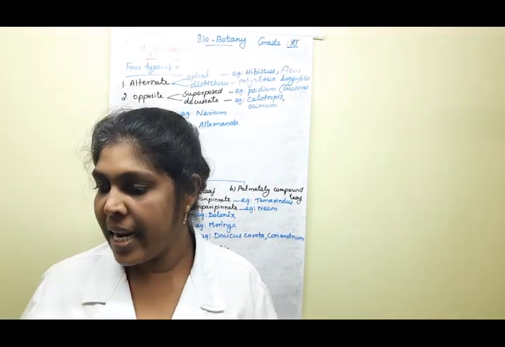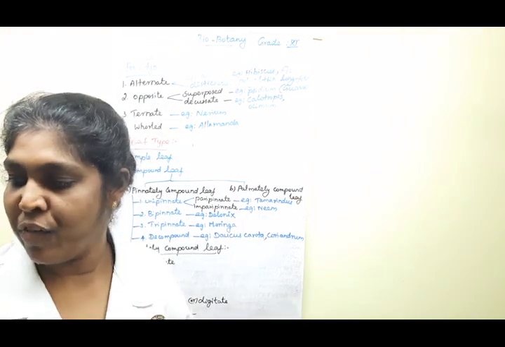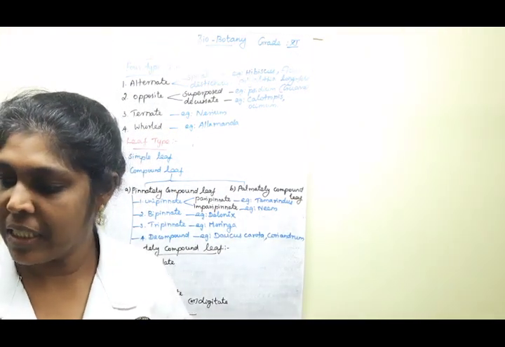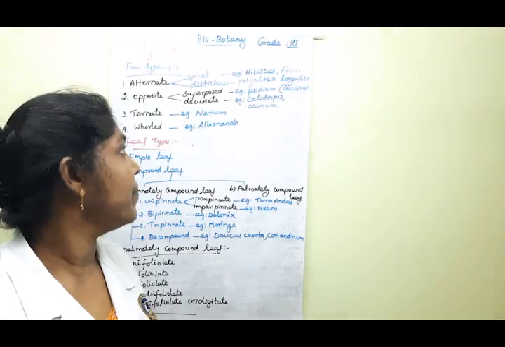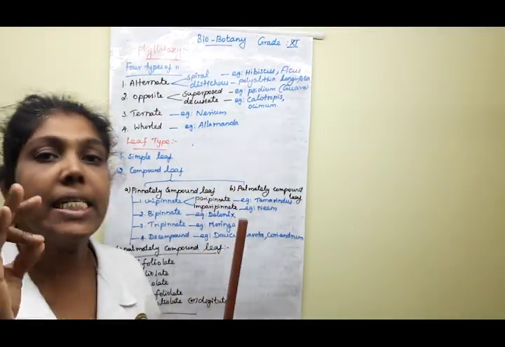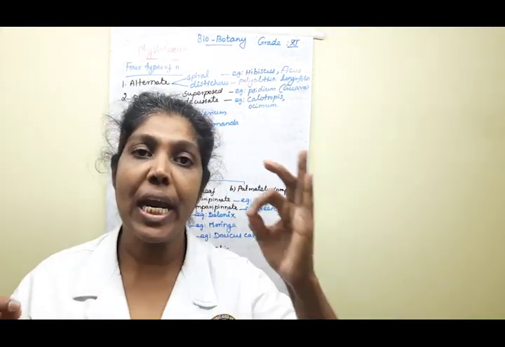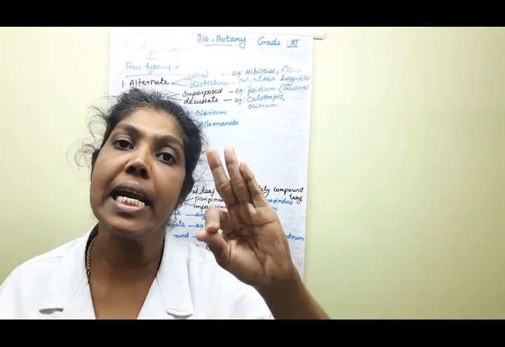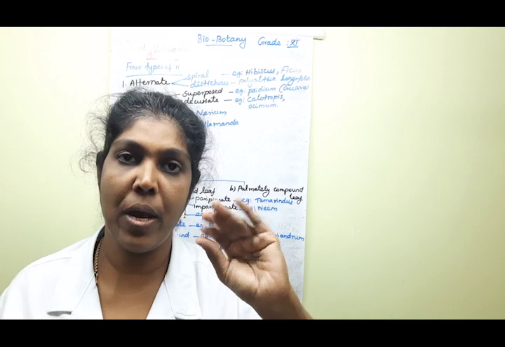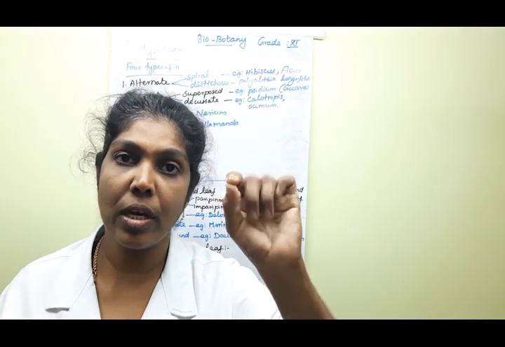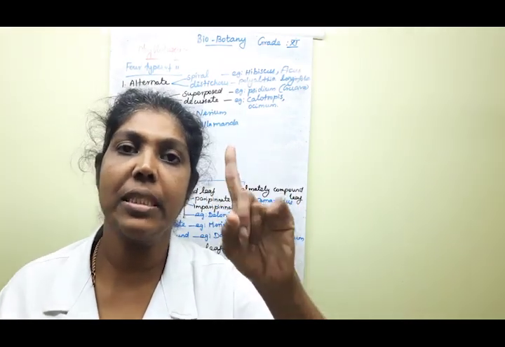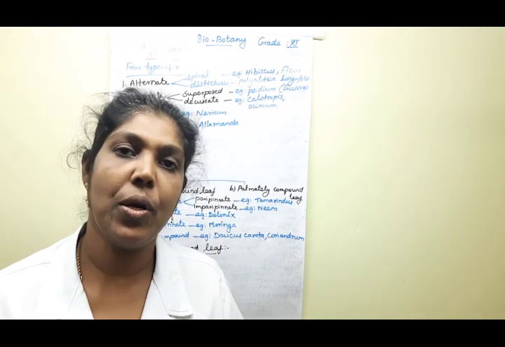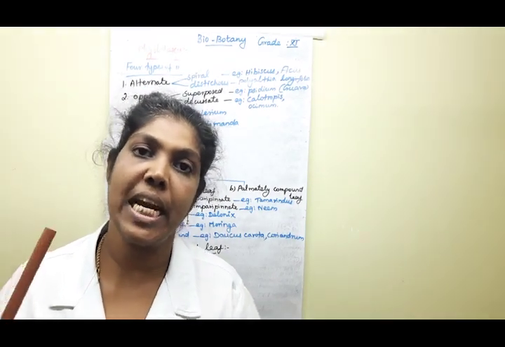Yes. The next one is ternate phyllotaxy. Ternate means that each nodal region bears three leaflets. The three leaves arise from each nodal region. That is known as ternate phyllotaxy.